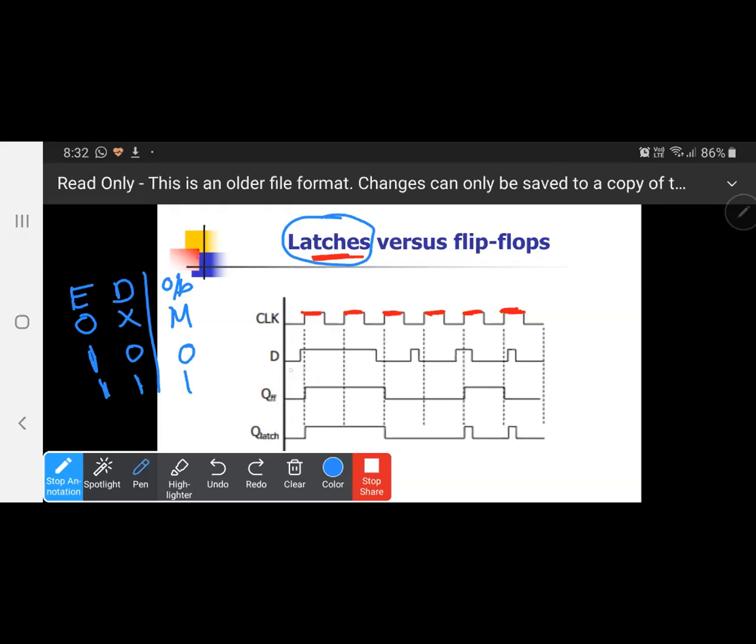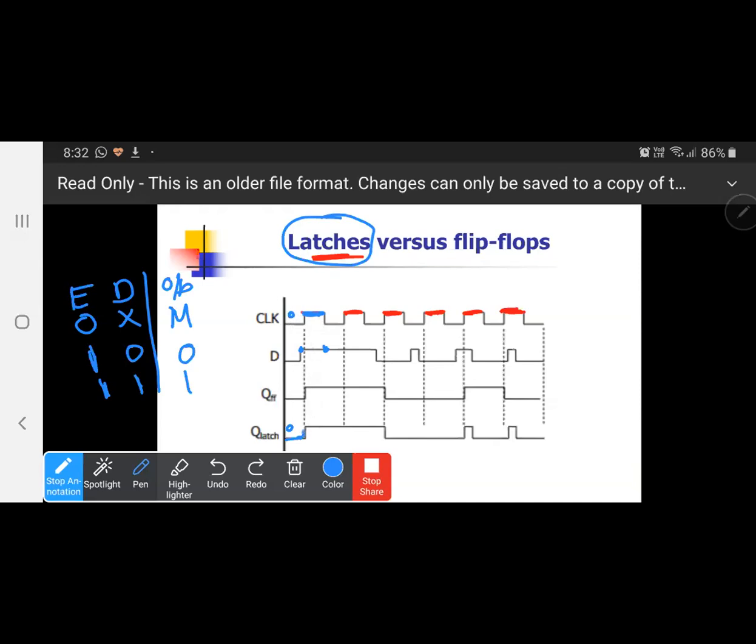So no clock here. Clock is 0. For the clock is 0, we will consider the initial value 0. Now here the time where clock is here. So for this instant, for the complete period, what is the value of D from here to here? Check. 1.